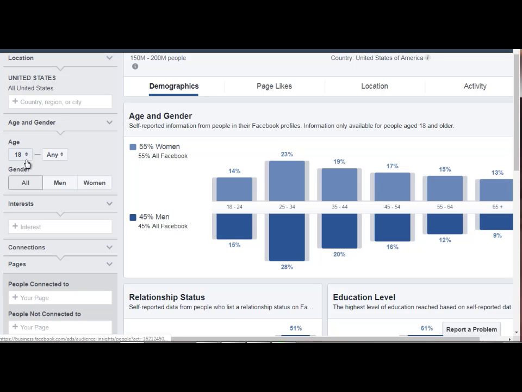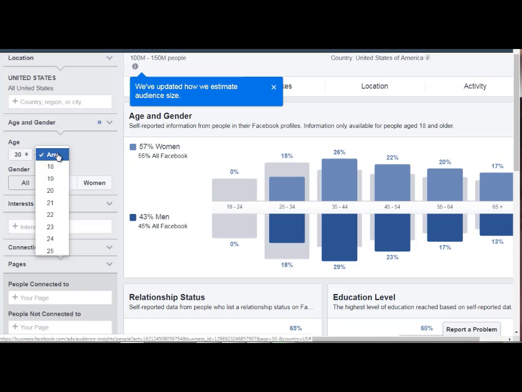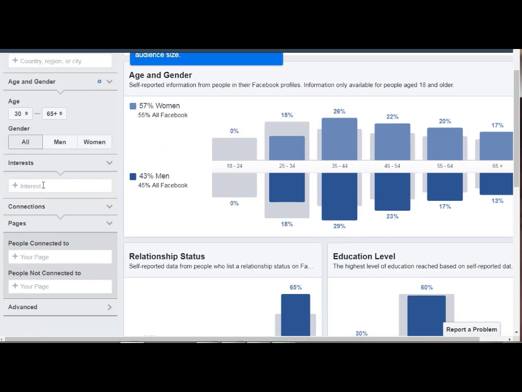And if it's a specific age group, you can select the minimum age group. So let's say that we want to target anybody from 30 and up. So we can change this to 30 to 65 plus. And then of course we have interest.